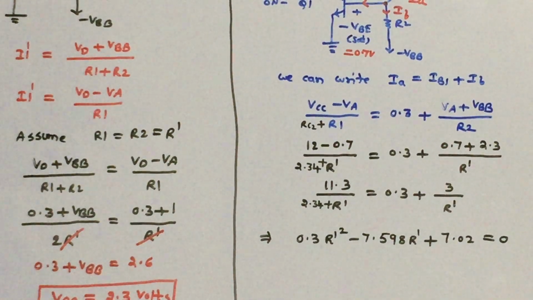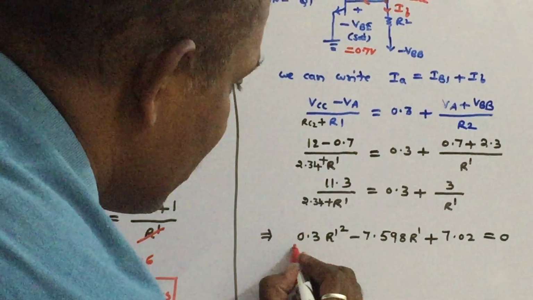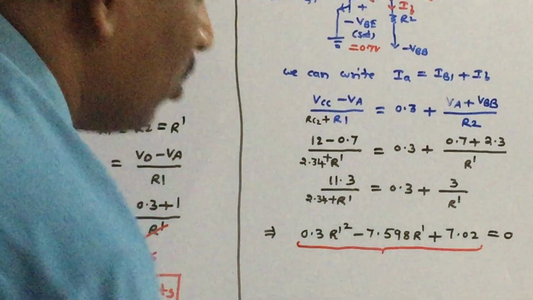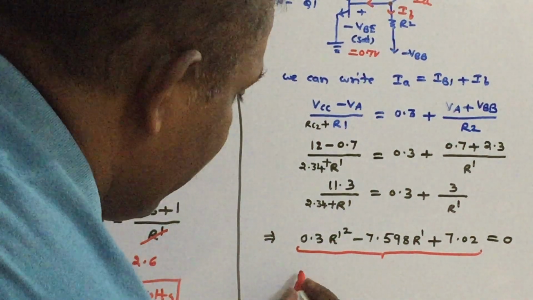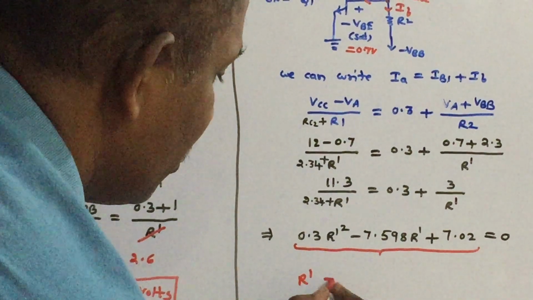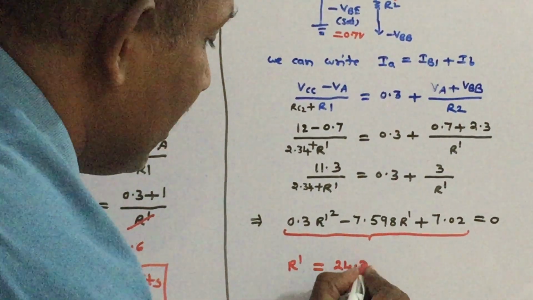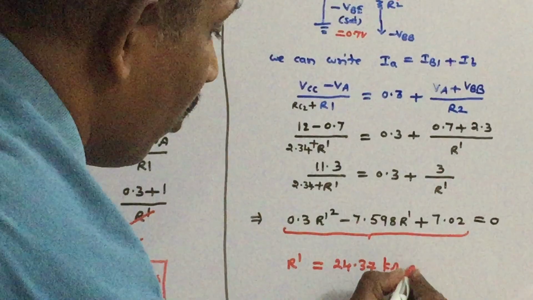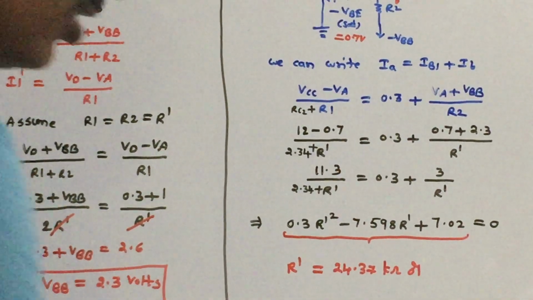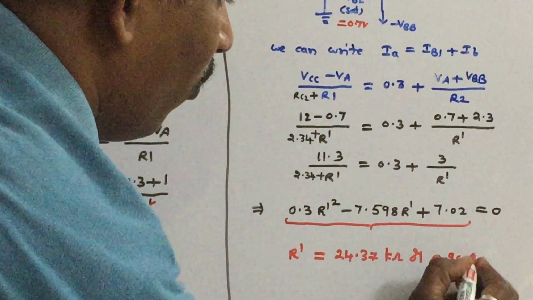Since this is a quadratic equation, you can easily calculate the roots from the calculator. You can easily find R dash, and we get two values: 24.37 kilo ohms or 0.96 kilo ohms.